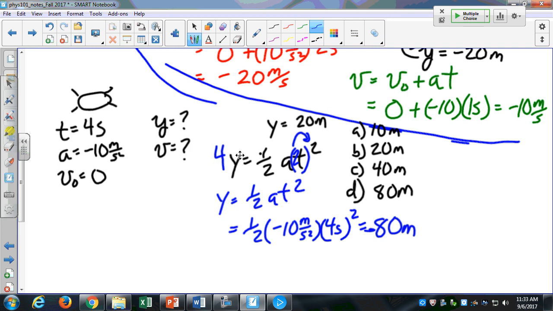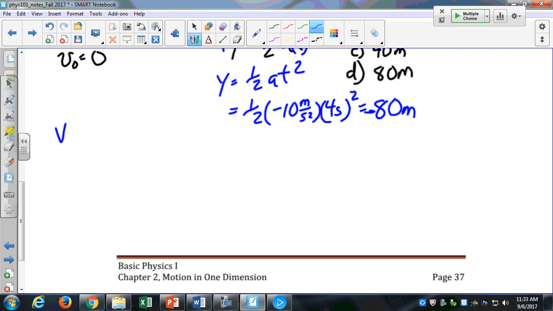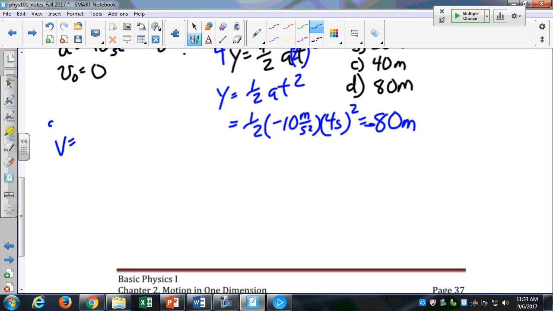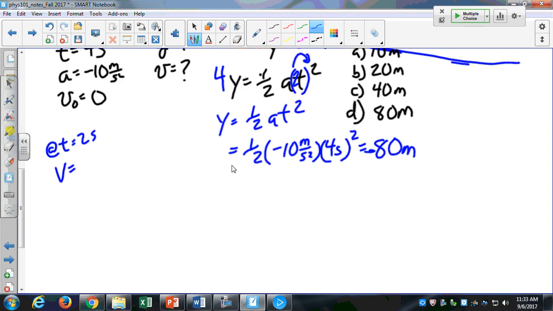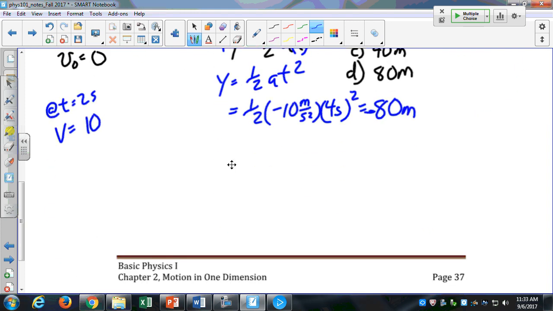All right, let's try another question. If the velocity in 2 seconds was 10 meters per second, what is the velocity at t equal 4 seconds?